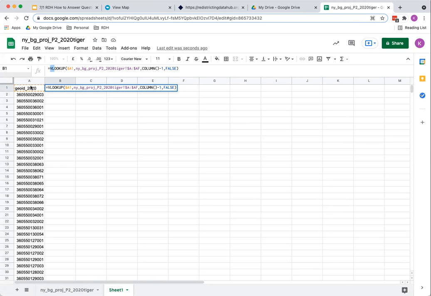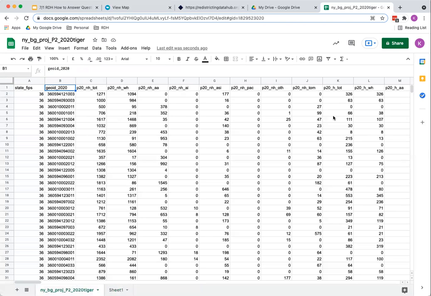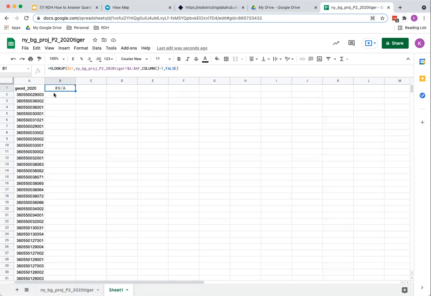Okay, so we want to tell Google Spreadsheets to look for these geo IDs that are listed here, and we want to search the other tab for those geo IDs, extract the relevant information, and place it in this tab. Okay, so that at the end we will have all the information that is in these columns here, but only for these 42 geo IDs.